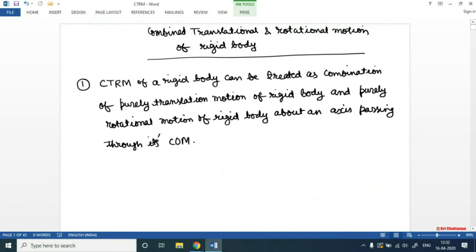Okay, so we have learned how to deal with purely translational motion of a rigid body.